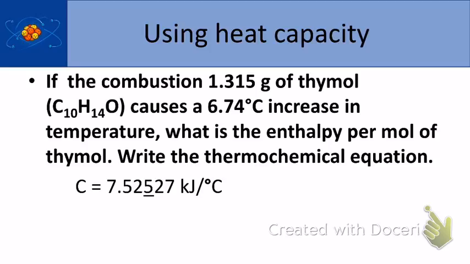We want to calculate Q of the reaction, that's the enthalpy for every mole of thymol. And then we're also going to write out the thermochemical equation, so C10H14O plus O2. We'll finish that when we get there, okay?